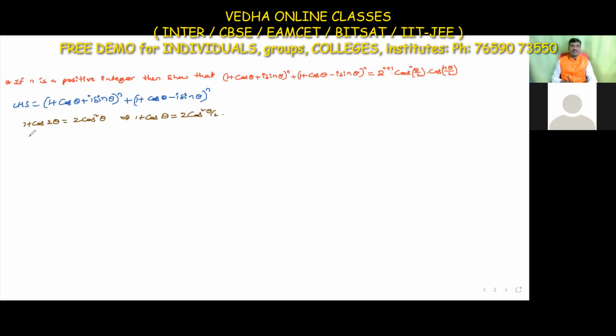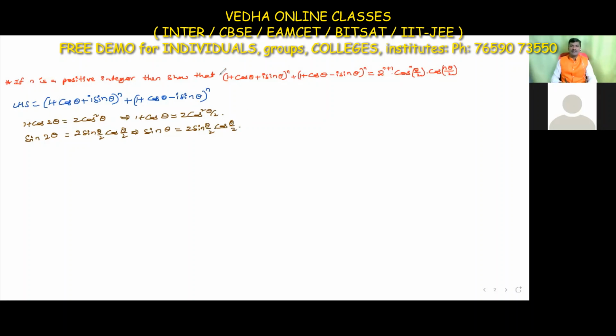Okay, another formula: sin 2 theta is equal to 2 sin theta into cos theta. From this we can write the sin theta formula: sin theta is 2 sin theta by 2 into cos theta by 2.